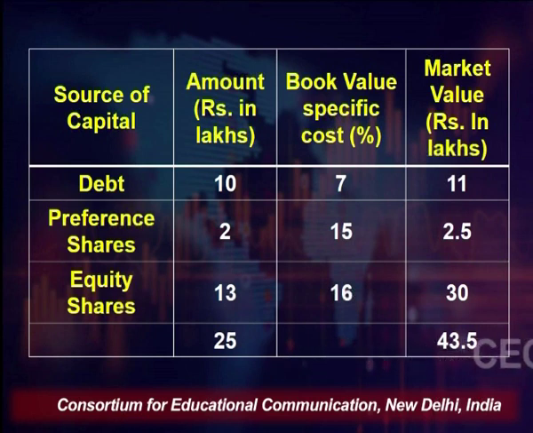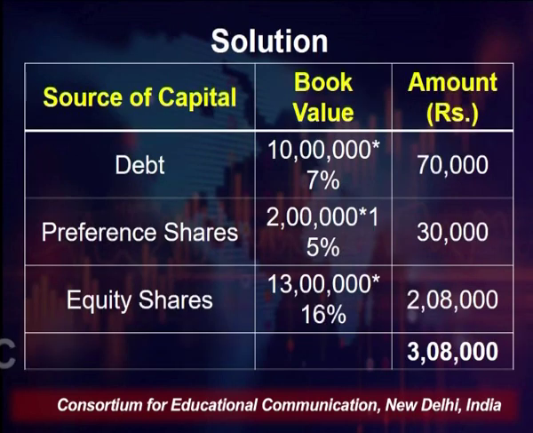So, the books reflect that the capital structure of this company is 25 lakh, and the amount of capital according to the market value for the same company is 43.5 lakh. Now, let us quickly put these values in our WACC calculation.